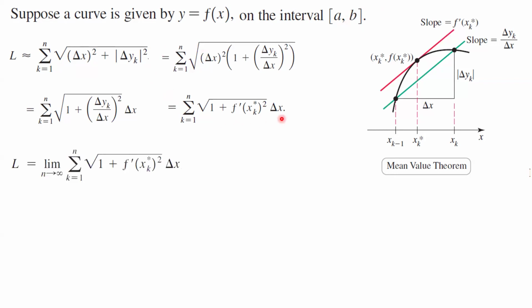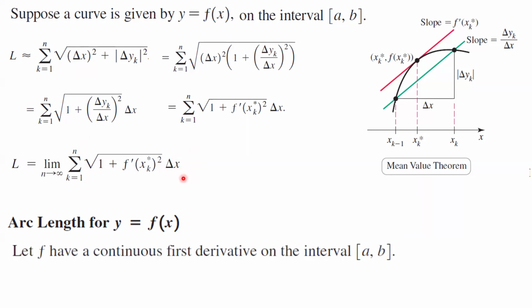Now, if you take the limit of the Riemann sum, L is the limit of the summation of delta x times the square root of 1 plus f prime of x_k star to the second power. So when you're taking the limit, the Riemann sum or the summation becomes the definite integral, and the limit of delta x is basically your dx.